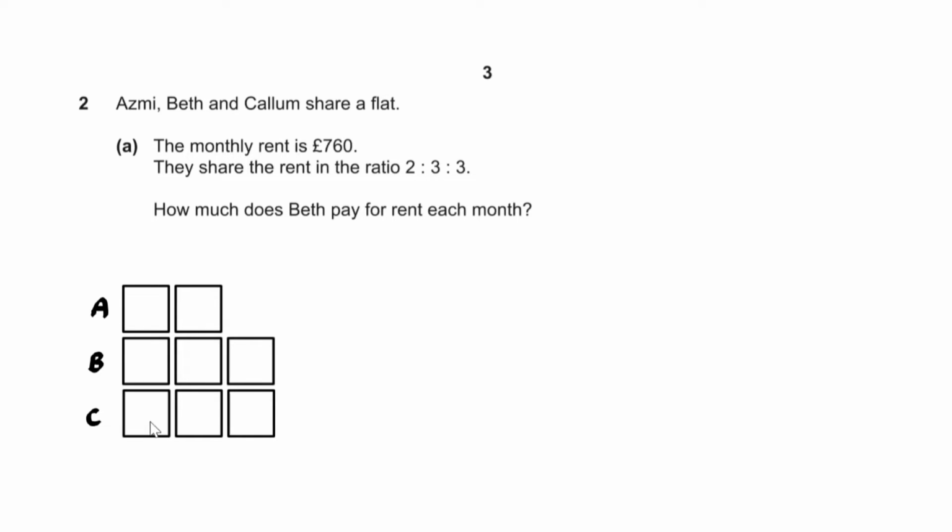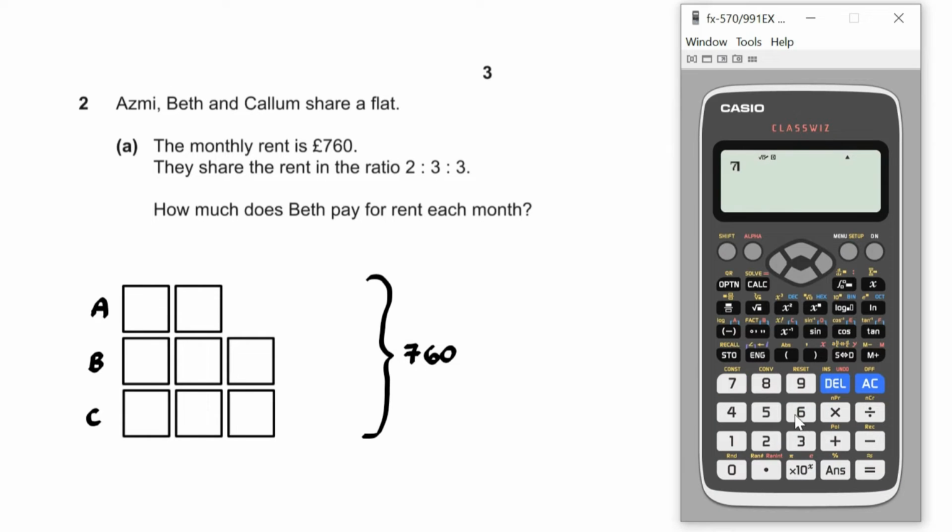We've got 2 to 3 to 3. Altogether, they share £760. Now you can see we've got 1, 2, 3, 4, 5, 6, 7, 8 parts altogether. We can find out what each part is worth. If we do the calculation, 760 divided by 8, we get 95. So each part is 95.